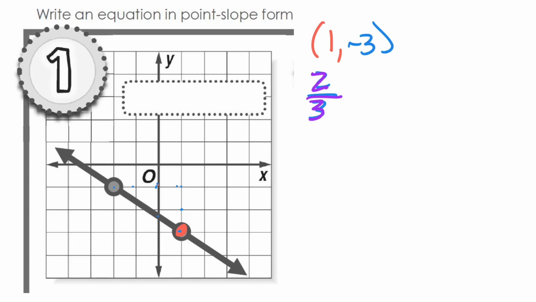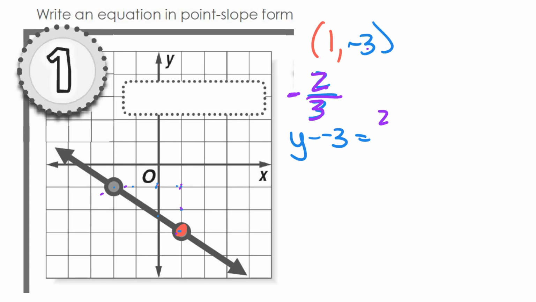So now I just need to write the equation of the line, and I've got my point, and I've got my slope, hence the name point-slope form. And I'm going to write it as y minus -3 is equal to 2. Oh, you know what? I just made a mistake, because I went up 1, 2, but I went to the left 3.